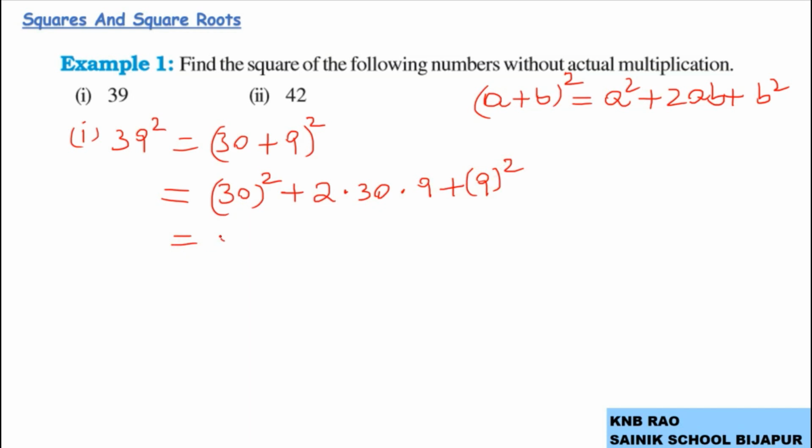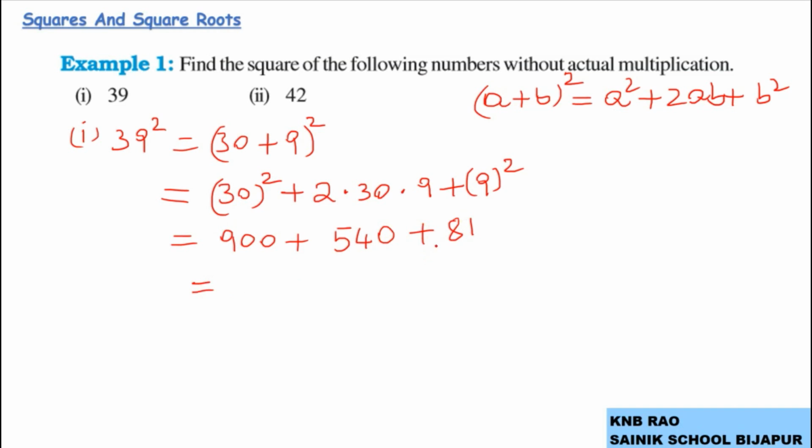30 square is 900. 2 into 30 into 9: 2 threes are 6, 9 sixes are 54, and one 0, 540, plus 81.